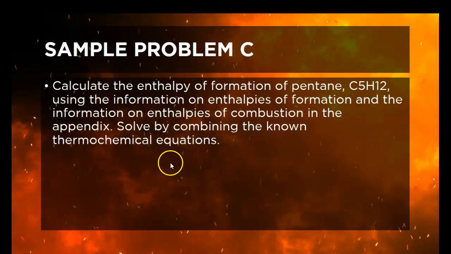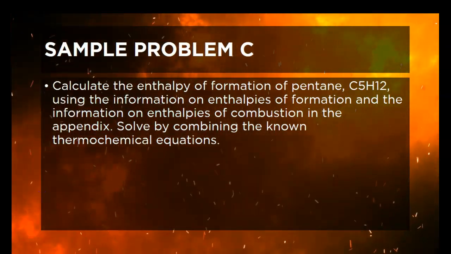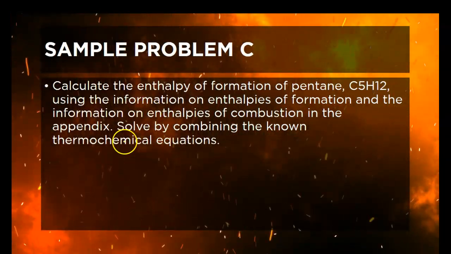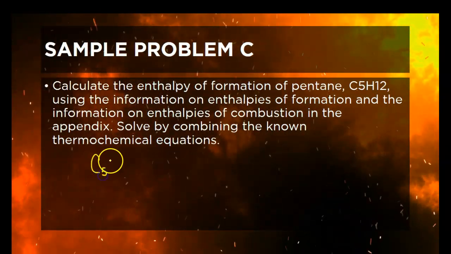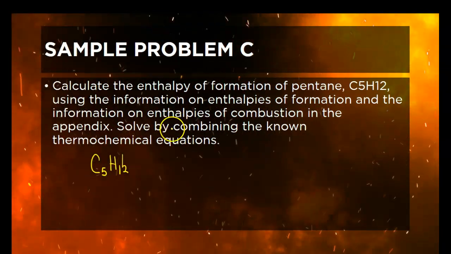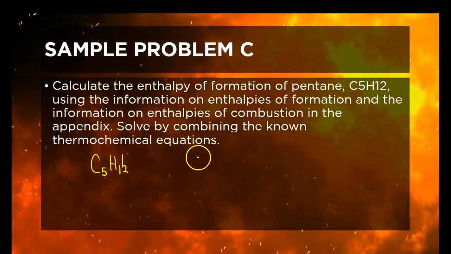So first of all, we need to find the enthalpy of formation, meaning that I have to build a formation equation to know what delta H I'm even trying to find. C5H12 is what we're trying to form. That would be made from carbon and hydrogen. So we could think of it as C plus H2 gives me C5H12, and that's the delta H I want to know.